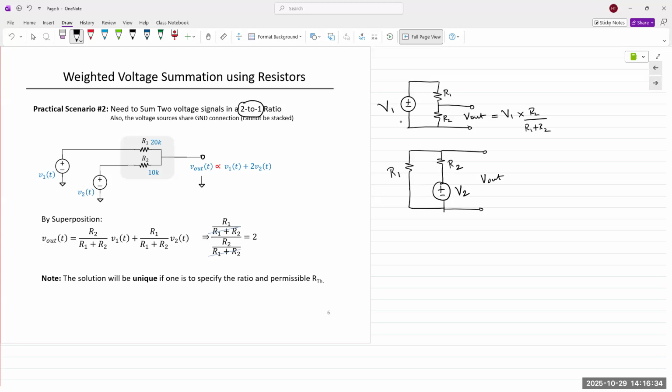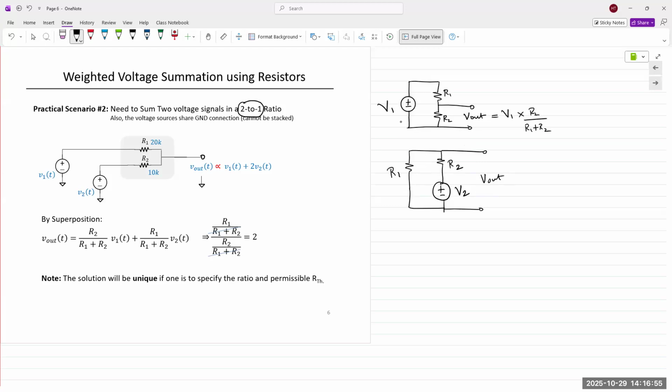So if one of the sources is off and the other is on, then as was pointed out, V out is across R2 in the first one. In the second one, it's still the same, but it's across R1. It's just drawn a little differently. It's still a series connection.